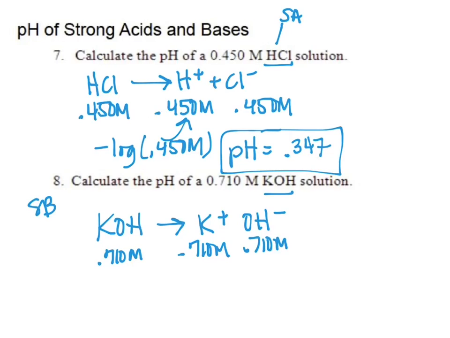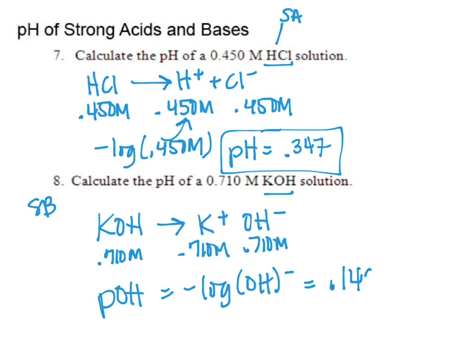So this time, if we take the negative log of our OH minus, what are we going to get? We're going to get our pOH, which is 0.149. So the pH becomes what? 13.851.